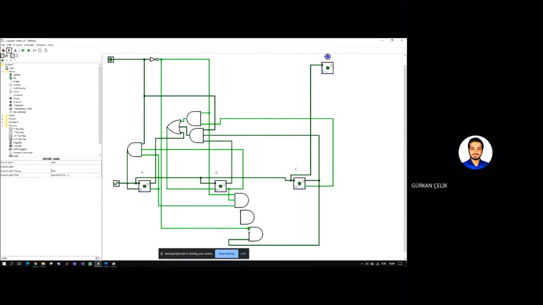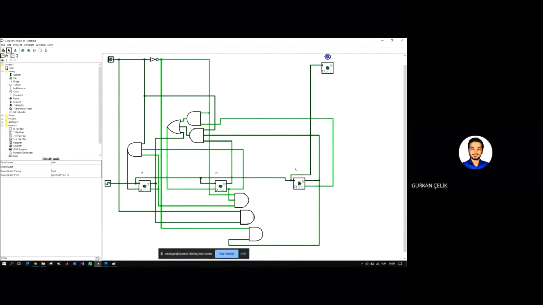And then the last part should be A and X. A and X, right? Sorry for that. Now it's okay, right?